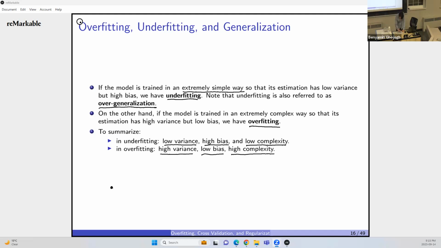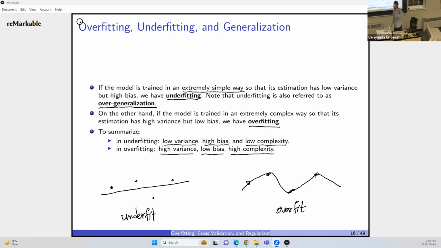So consider these 4 data points. Once I put a line, once I pass through all of them. Of course, here this is underfit. This is overfit. As you see in underfit, the variance is low.